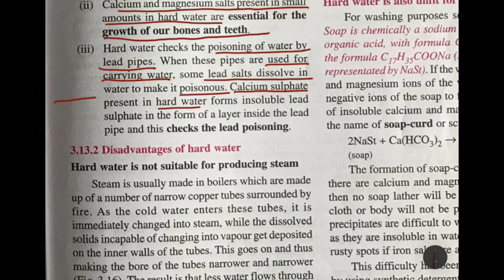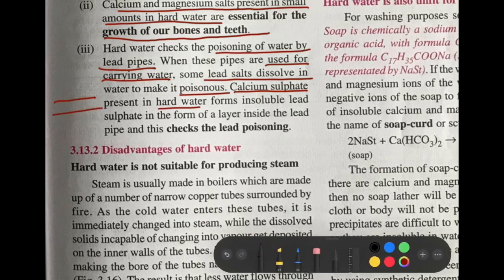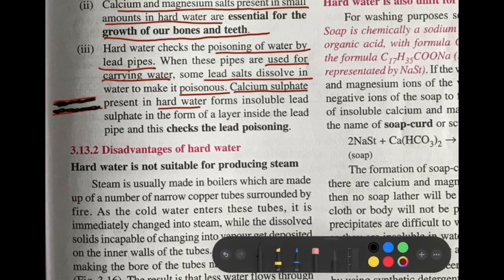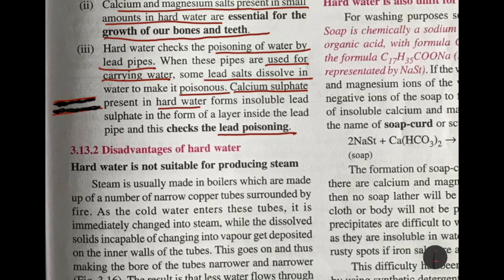So if this is the pipe, you will see the lead sulfate will deposit here inside the pipe because it is a solid. It will stick on the walls of the pipe. So that way, lead will not move along with the water.